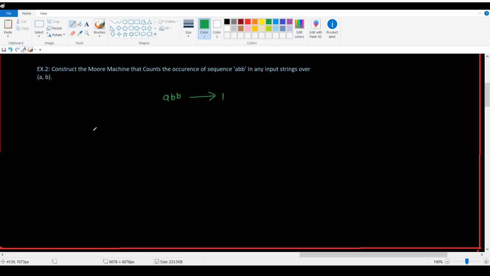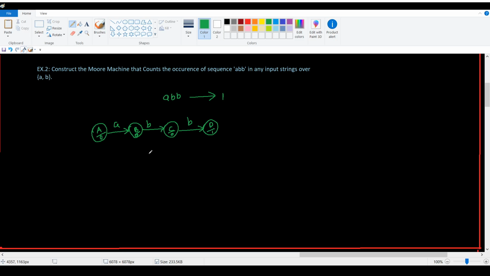So if my initial state is A, if A occurs, next state will be the B. If B occurs, next state will be the C. Again B occurs, next state will be the D. So I can assign output to the states 0, 0, 0, and 1.